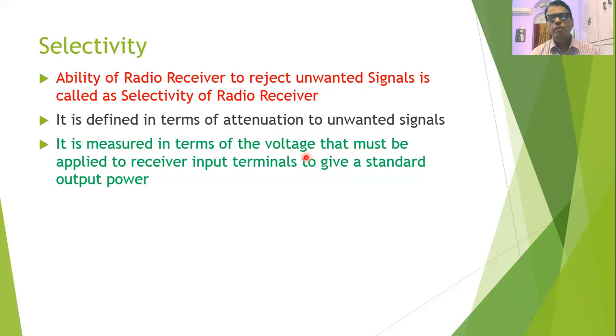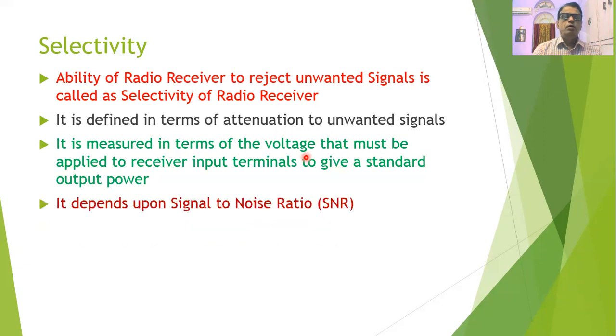Selectivity normally we can measure in terms of the voltage applied to the receiver input so that it will produce a standard output power. Selectivity of the radio receiver will depend upon SNR, that is signal to noise ratio. So the signal to noise ratio of the radio receiver will decide the selectivity of the radio receiver.